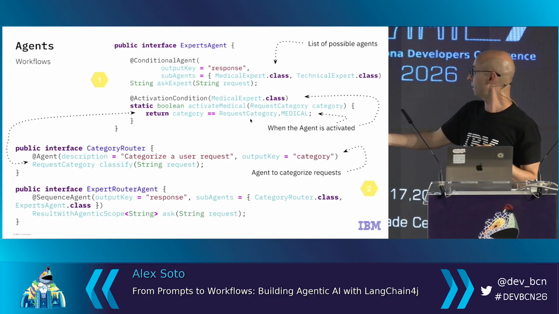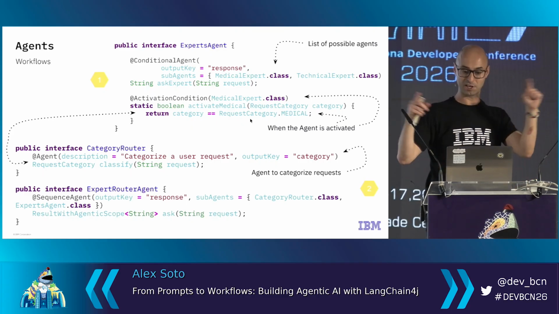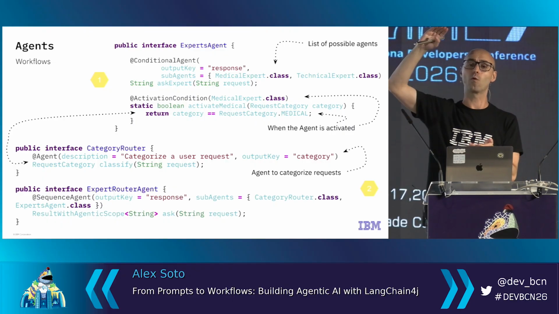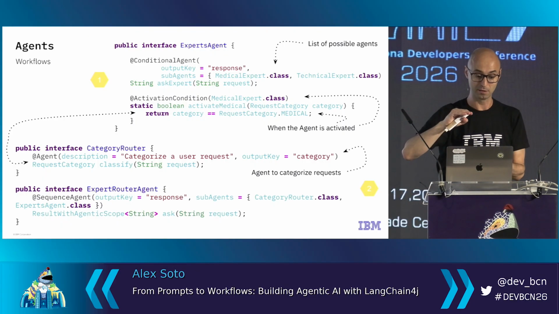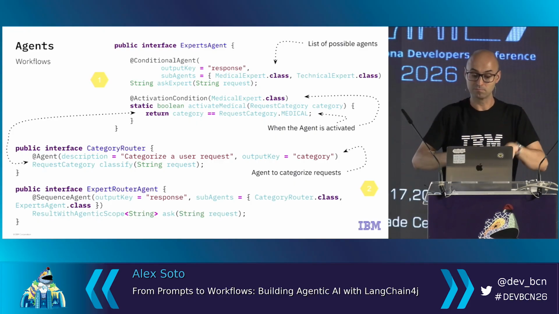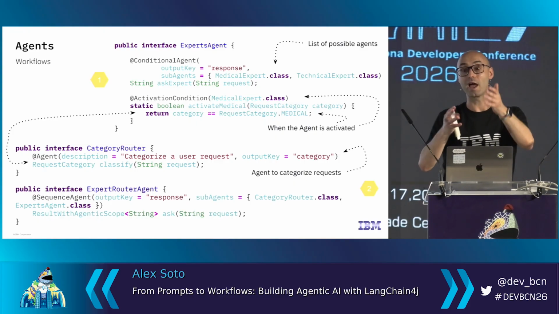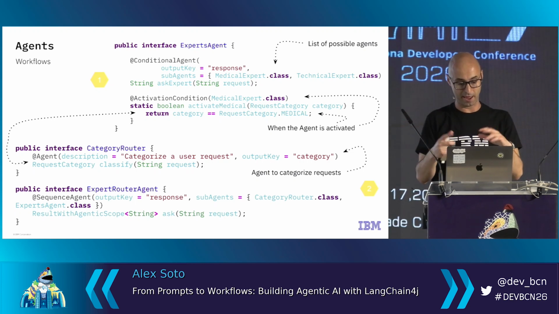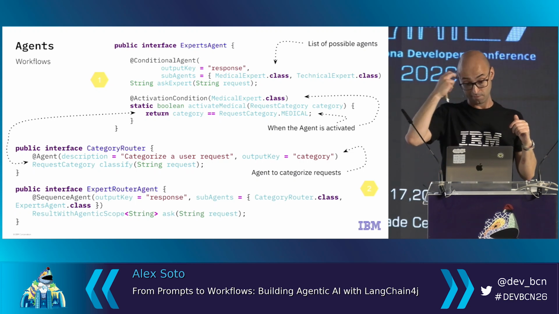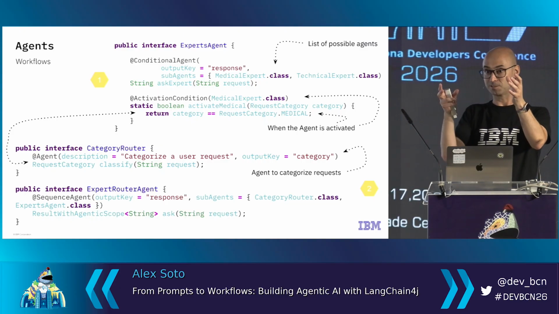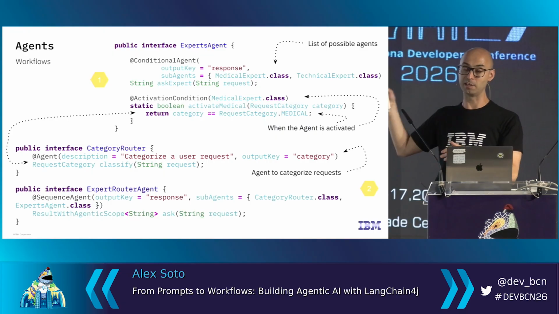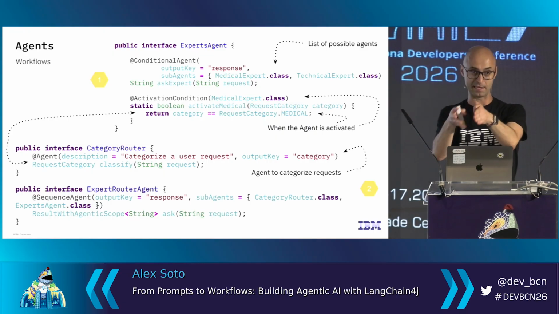Okay, so basically I'm just saying, hey, take the request, send it to the activation condition. You will have one activation condition per agent, and then finally it will find the agent and invoke only this agent. And as you can see here, we also have an expert router agent, which first categorizes, right? So it finds which is the agent, and second calls the expert agent, which will choose the exact agent.